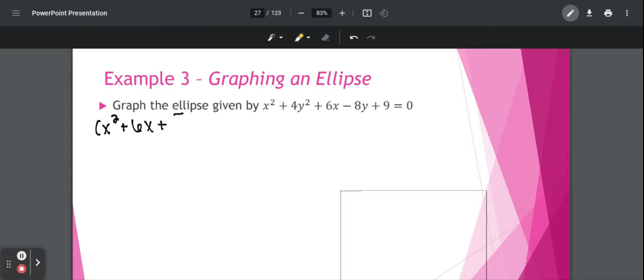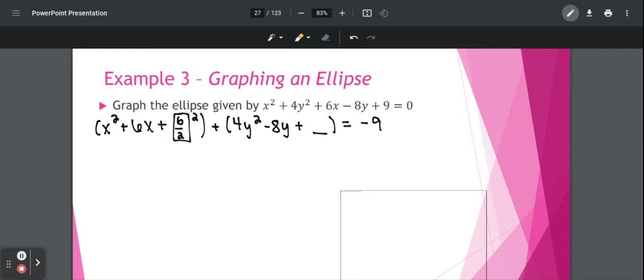And then remember, we're going to add our b over 2 squared. And then we'll have plus 4y squared minus 8y. And we're going to add our b over 2, but we're going to hold off on that for a minute. And then we're going to say minus 9.